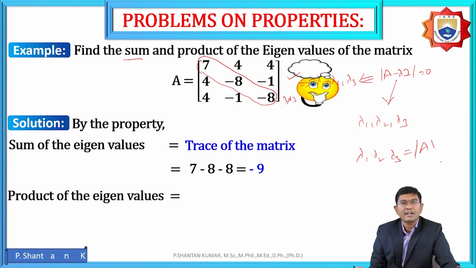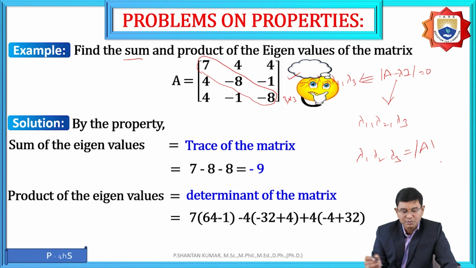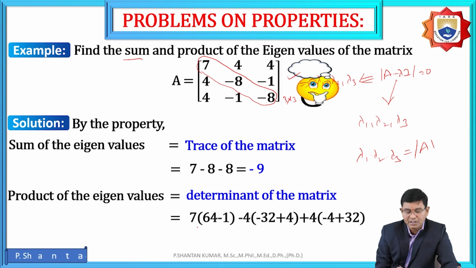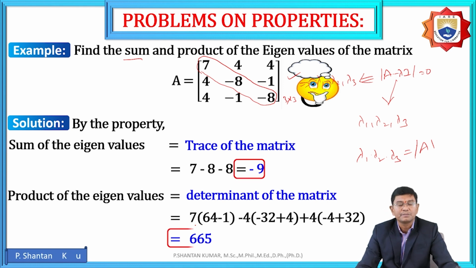Here the determinant of the matrix is computed as a 3 by 3 determinant, and after simplification we obtain 665. This is using the properties of the eigenvalues: the sum of the eigenvalues is always the trace of the matrix, and the product of the eigenvalues is equal to the determinant of the matrix.